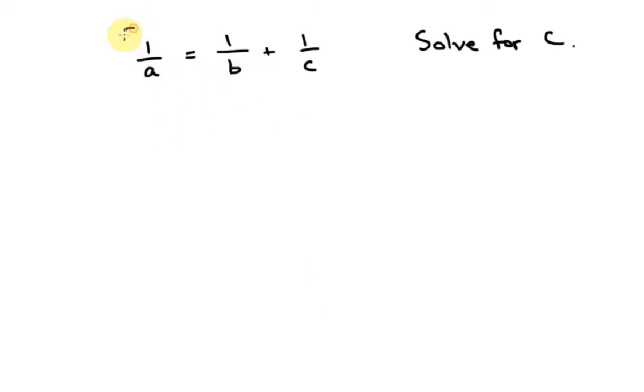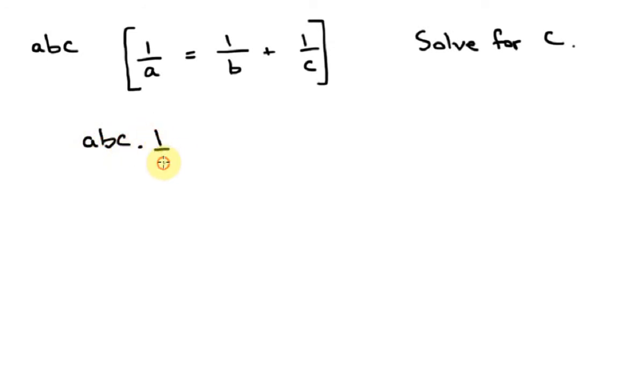Well, we're going to start off by getting rid of the fractions. Same thing we would always do. So we have to multiply by an A and a B and a C. So each term is multiplied by ABC. I'm just going to write out exactly what you get happening here.